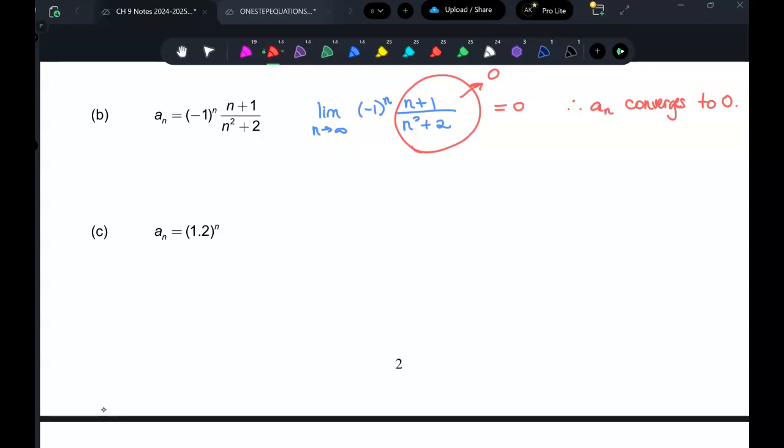But isn't -1 to the infinity an indeterminate form? You have to think of this as a sequence.